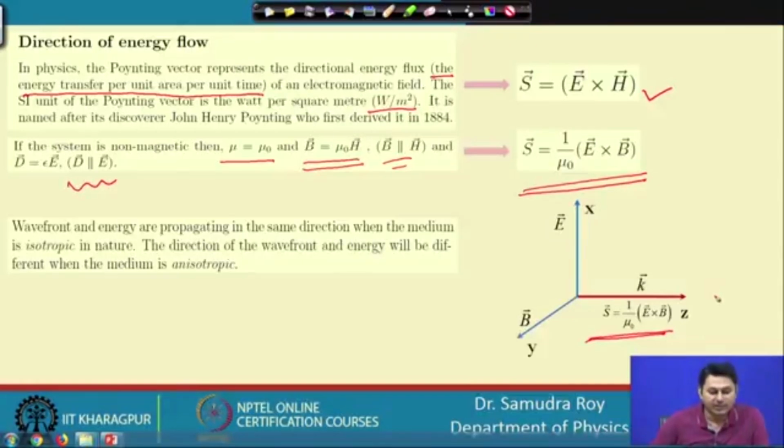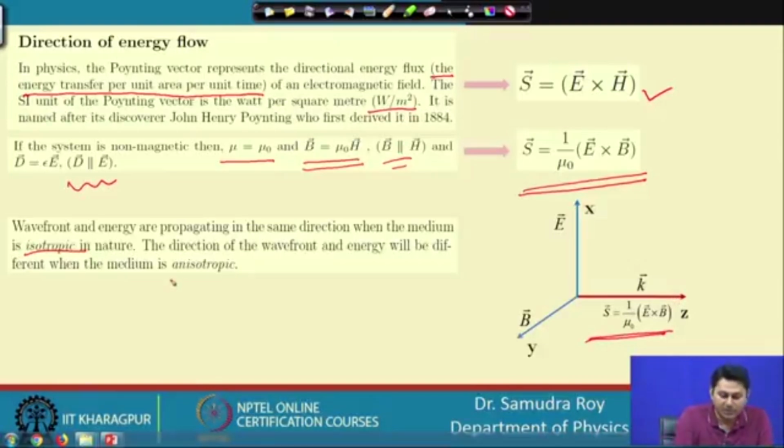But here I should mention very clearly that this is only true for an isotropic system, as shown here. Wavefront and energy are propagating in the same direction when the medium is isotropic.